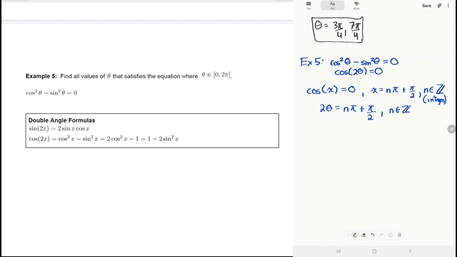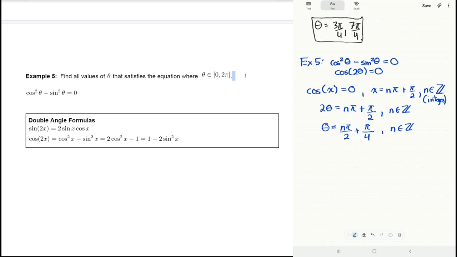So now we can solve this equation for theta. If we divide both sides by 2, we get n pi over 2 plus pi over 2 divided by 2, which gives us n pi over 2 plus pi over 4, where n is some integer. So now we need to determine what the angles are, which are going to be between 0 and 2 pi.